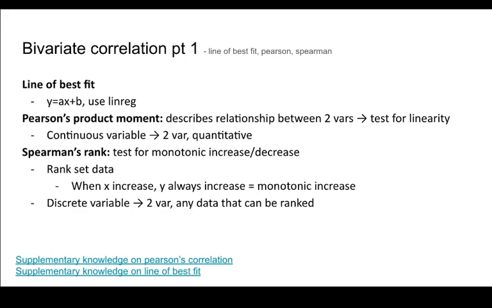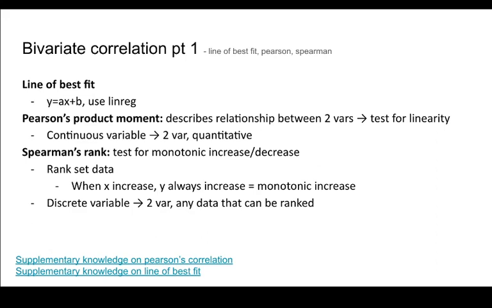If it's negative 1, then it's a strong negative correlation. And then 0 would be like there's not really any correlation at all happening. So the Pearson's product moment only tells you how spread the data is.